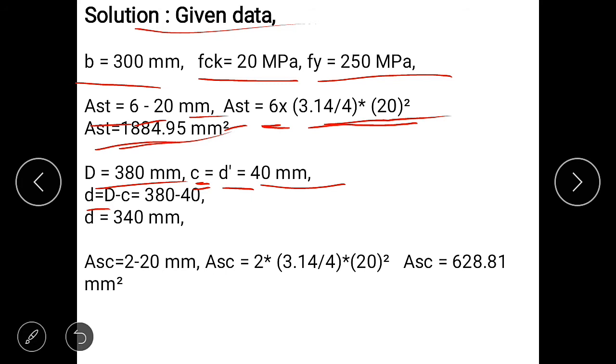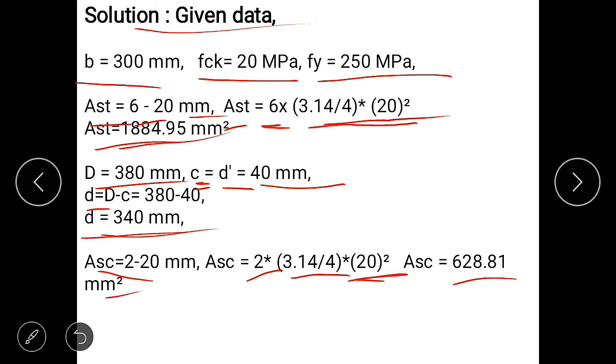Overall depth is 380 minus cover 40, so small d is 340. ASC is 2 bars of 20. How to calculate the area? Pi by 4 into d square into number of bars. Number of bars is 2, diameter is 20. So ASC is 628.31 mm square.